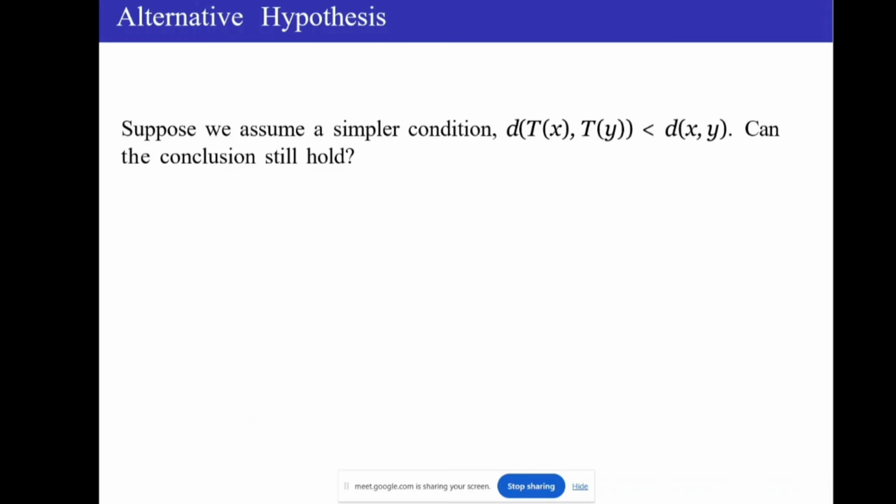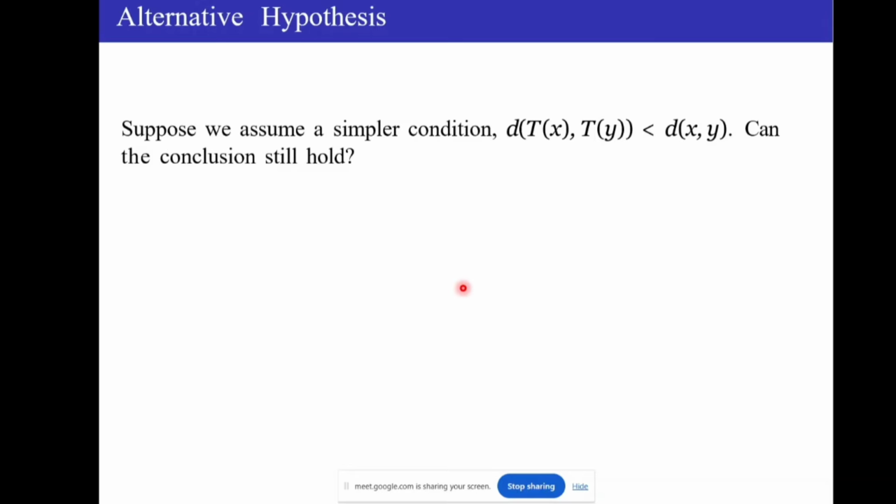Now suppose we are starting with some other hypothesis. As I said, we are actually starting with a contraction, where the distance of T of x, T of y is less than or equal to some constant C times the distance between x, y. Now suppose I am assuming a weaker condition.